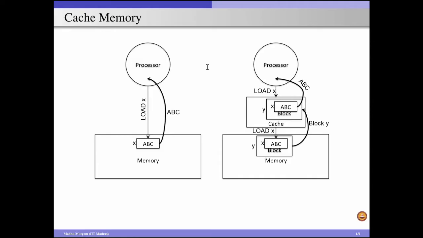But because we are spending hundreds of cycles anyway to get the data from the memory, rather than reading only the required word, we read a collection of data items which are near this address X. We bring this chunk of data from the memory and store it in the cache memory, so that in the future, if the processor requires any data in this chunk, the cache memory can service it. So effectively, cache memories improve the overall performance of the system.